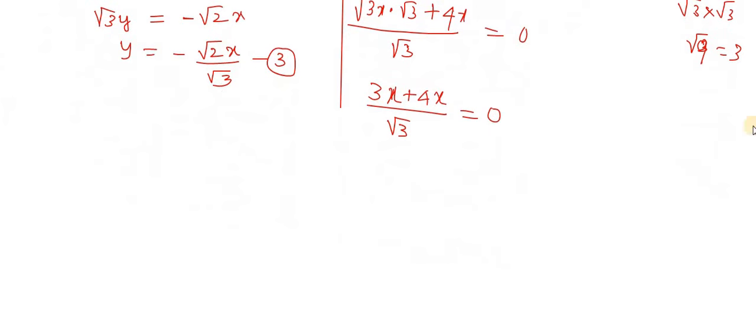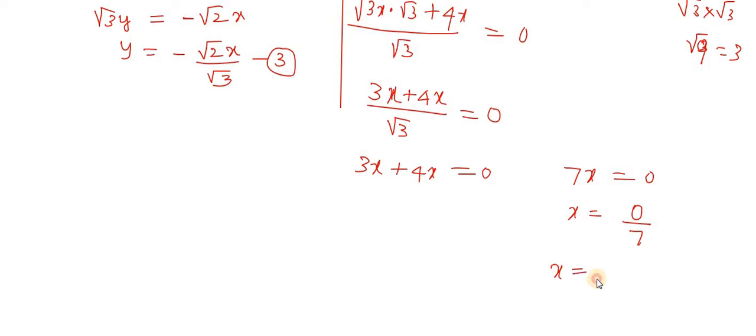Simplifying further, 3 plus 4 is 7x, which is equal to 0. So x is equal to 0 divided by 7, so x is equal to 0. We got the x value.